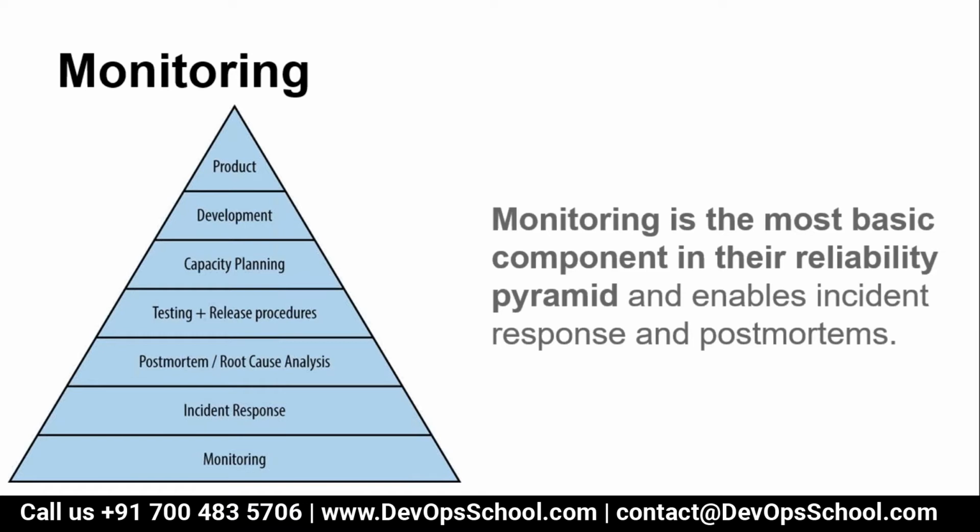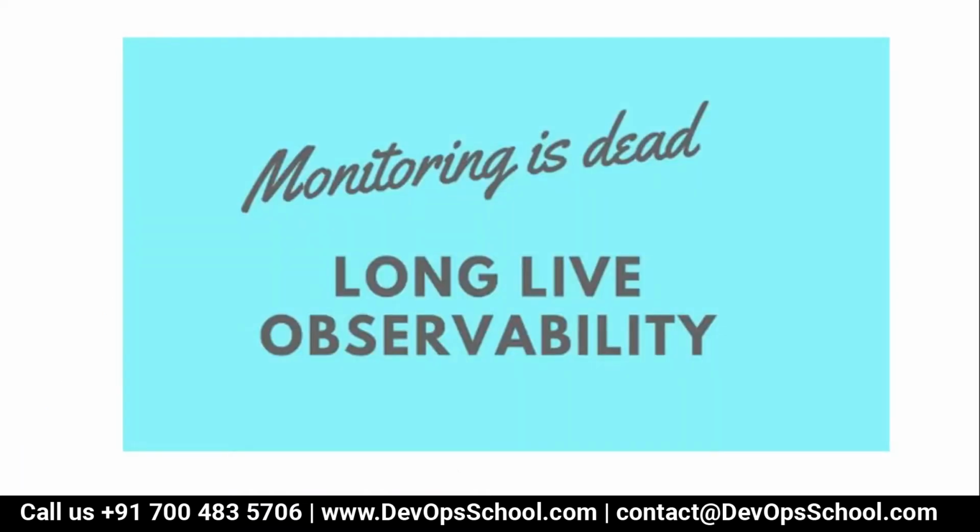So you have a product which you developed. On top of that, capacity planning, testing, and release procedures, and then you do the postmortem, root cause analysis, incident response, and monitoring. You do all this in monitoring, but monitoring is dead. Yes, because of observability.